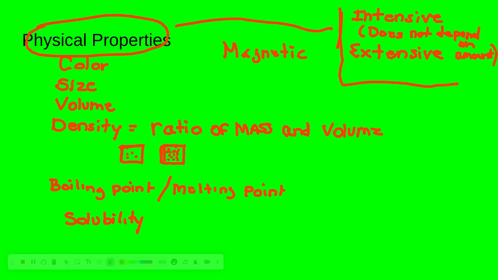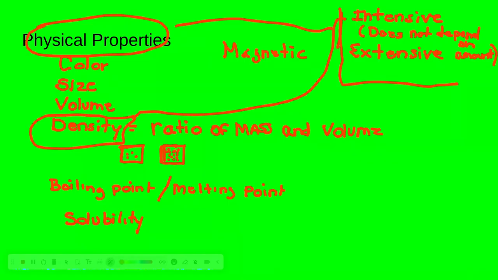So, for example, if we're looking at density, right? Density is intensive. It doesn't matter how much you have of something, it's going to have the same density. So intensive, put a line, it goes right to density. And why is it intensive? Because it doesn't depend on how much you have of something. You can look at also color, odor.